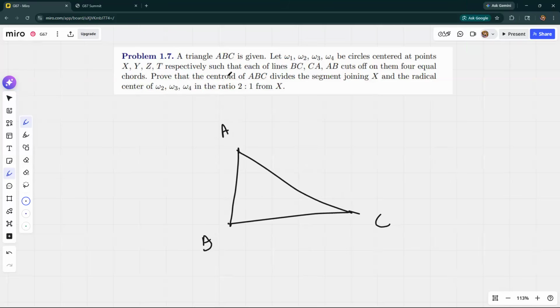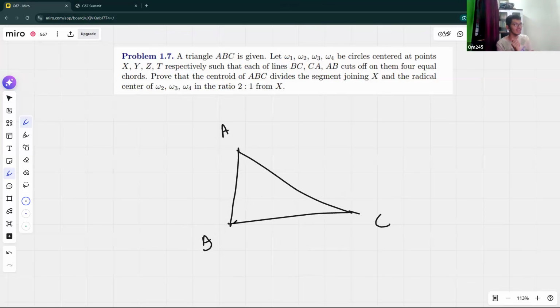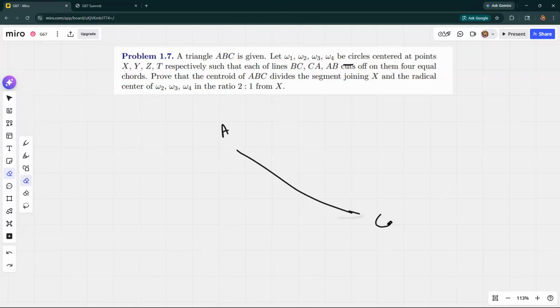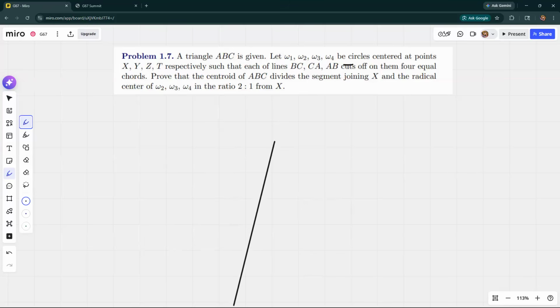I'm trying to be basic. So basically what it's saying is omega 1, omega 2, omega 3, all these omegas cut equal amounts on each line like BC. Wait, I realized each of them is four equal, or all those 12 are equal.